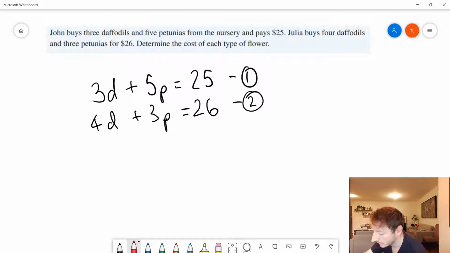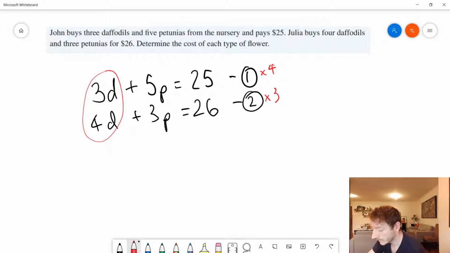As you can see, these don't really share any common numbers, and it's going to be quite annoying to make them. So let's get rid of the cost of the daffodils. We need to make these coefficients have the same number. At the moment, one's 3, one's 4. So I'm going to be timesing this one by 4 and that one by 3.